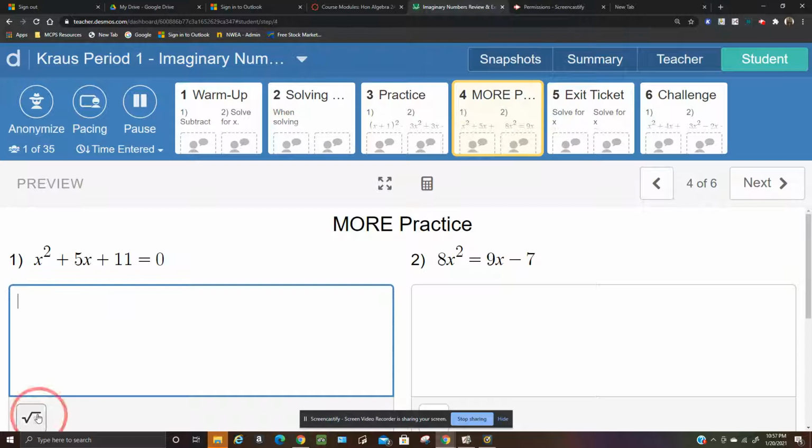I'm going to use the quadratic formula here. Opposite of 5, negative 5. 5 squared is 25. 4 times 1 times 11. Divided by, whoops, put parentheses here, and then I'm going to put everything in the numerator.